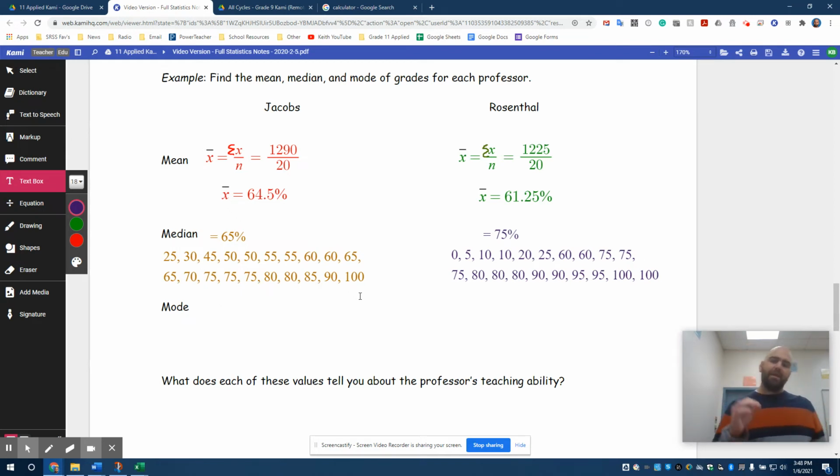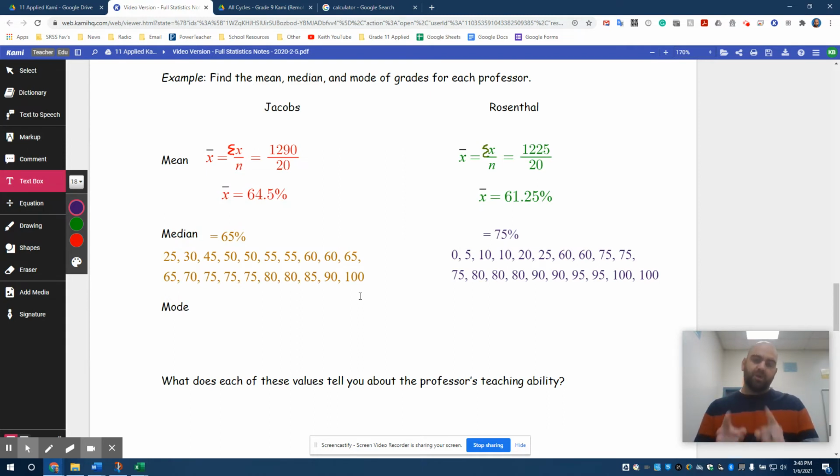This is another way of representing average. The median is a way of representing average, and depending on what we want to skew, we can choose one or the other. If I were trying to promote Professor Jacobs' class, I would say that the mean was 64.5%, which is like over 3% better than Professor Rosenthal's class.